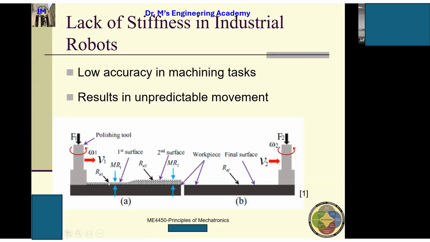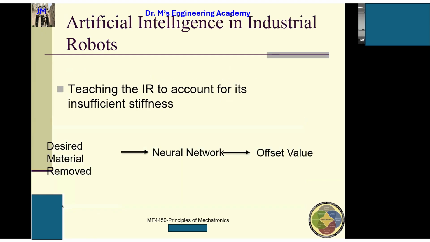If this is my depth of cut and my feed rate, my true depth of cut will be this. For a different depth of cut, for example from here to here, if I still want to get the desired surface, I need to use another depth of cut. So, artificial intelligence in industrial robots teaching the IR to account for its insufficient stiffness, rigidity.